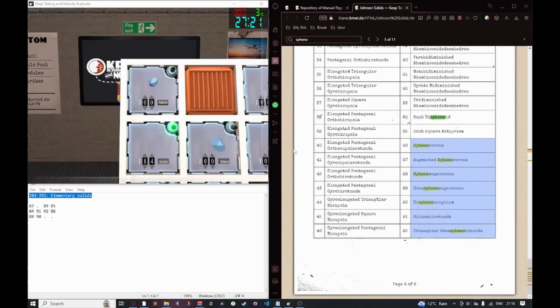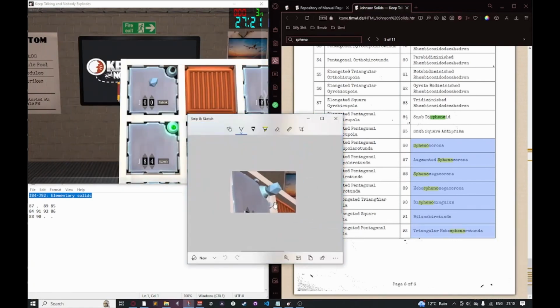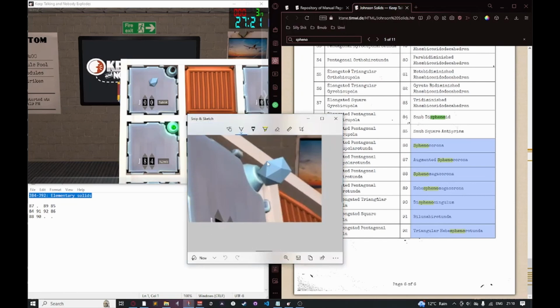If we look at this here, the shape of the corona, it has this diamond here, as well as these shapes on the sides.